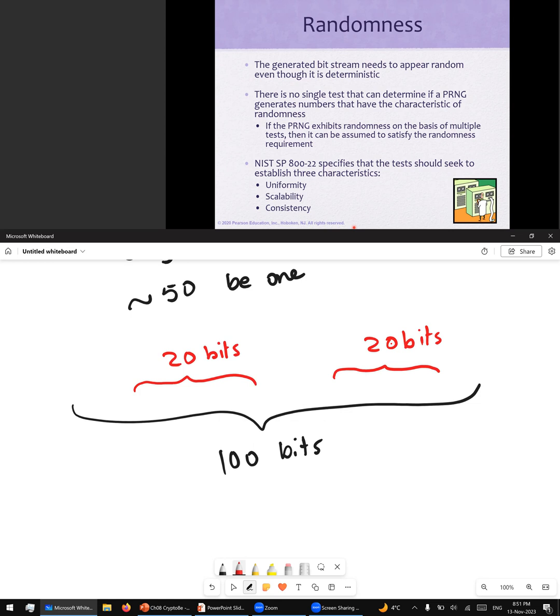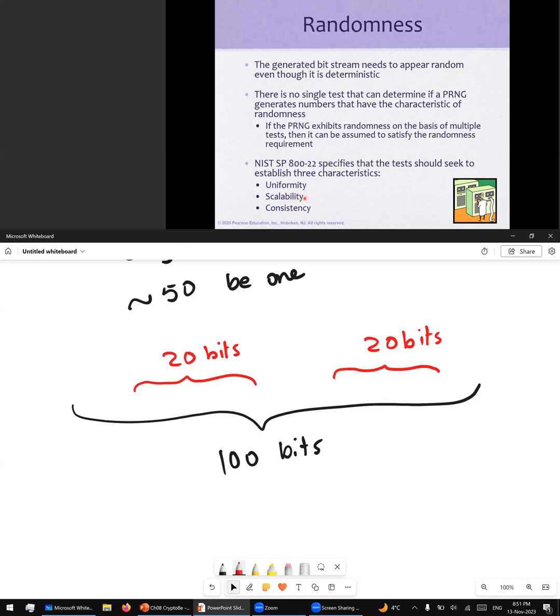Now, the good thing about this is that you don't have to take the entire generated stream of bits to be random. You can take any subsequence that you want of it, and it will also be a random one, depending on what your application is. The other factor here, consistency, means that this behavior of the pseudo-random number generator, by which I mean uniformity and scalability, should not be true only for a certain input or a certain seed value.